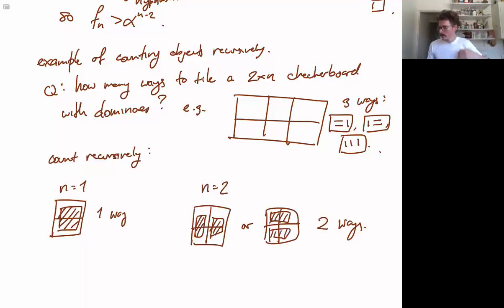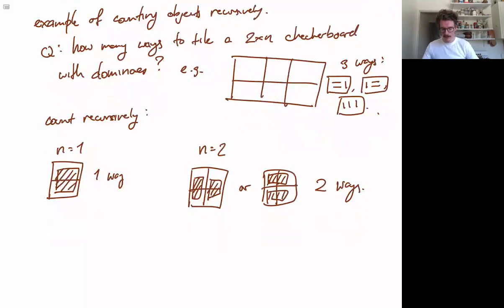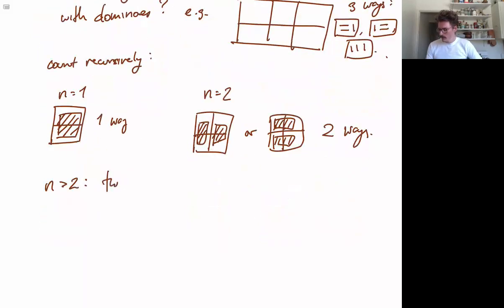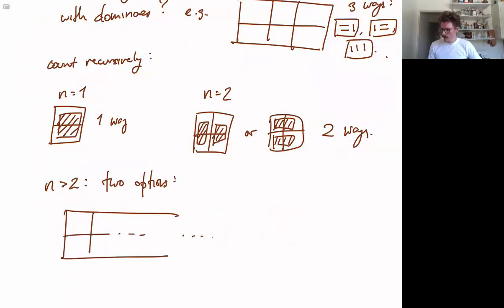And now, we can perform the following trick. For n greater than 2, we can consider the following 2 options. So I'm going to draw it open-ended like this. So one option for what we do, right, let's step back for a second.